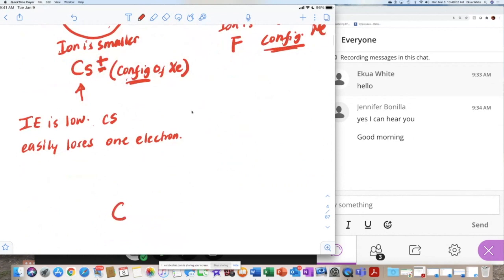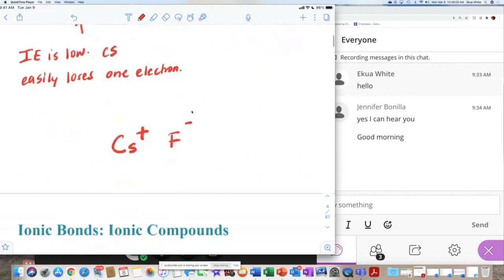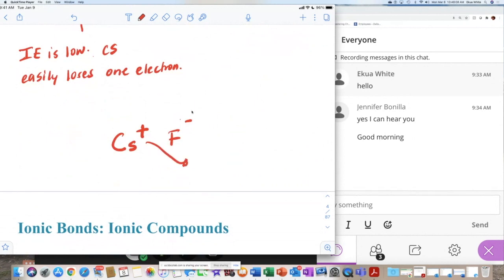So when you're simply showing this, you say cesium is positive, fluorine is negative, right? Criss cross, and then you call this cesium fluoride. Okay, so at some point we're going to be working this out to see how we get an ionic compound. Remember, cesium used to be a metal, fluorine used to be, oops, a nonmetal.